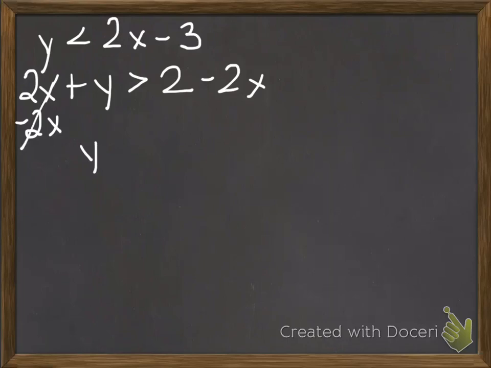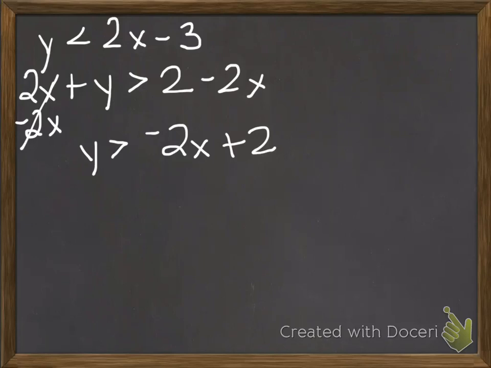Now you've got y is greater than, and also remember the associative property of addition and subtraction means that you can flip 2 minus 2x and make it negative 2x plus 2, and you're going to get the same answer. So we want to do that so that we immediately get it in the proper format. Let me change that negative sign.